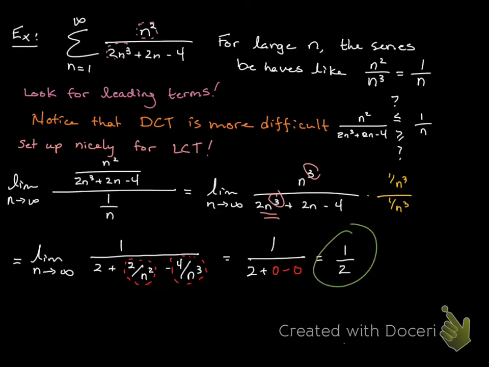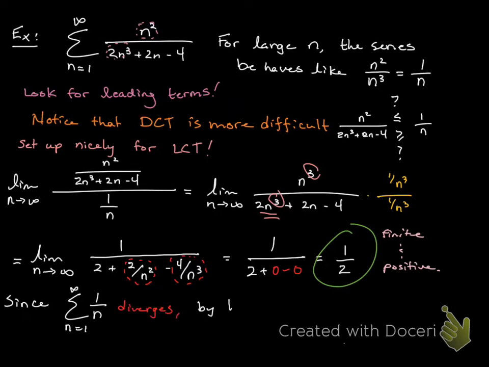That's definitely finite, and it's definitely positive. So the limit comparison test will apply. I have chosen a good series to compare to. So since 1 over n, the harmonic series, diverges, my series should then also diverge by the limit comparison test. This series also diverges.